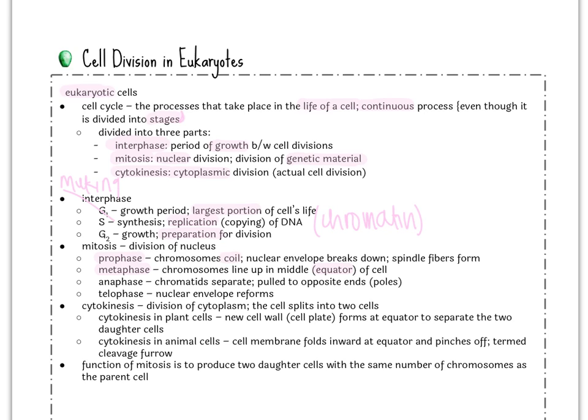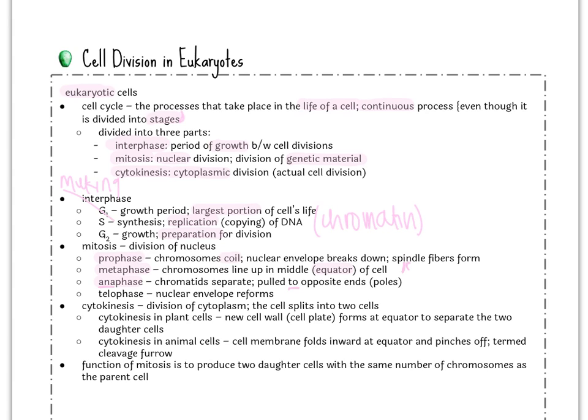And then we have anaphase. If you remember from your bio terms, ana was one of the words, and ana meant towards. So in anaphase, the chromatids separate. So remember on this part right here, I'm going to try to draw it really small.